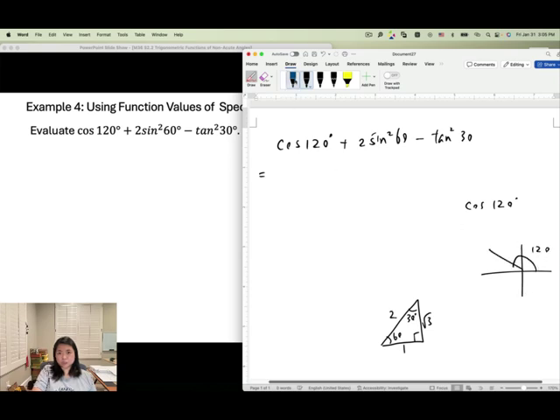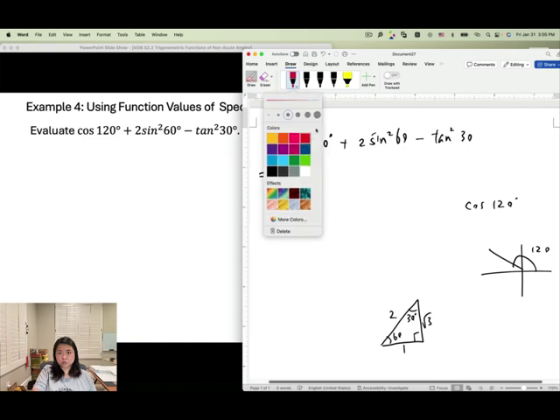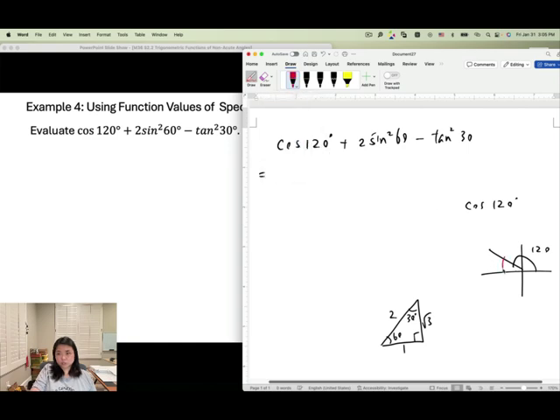So what is the reference angle? 180 minus 120, which is going to be 60°. And one more time, cosine in this quadrant is negative. So I'm going to get negative cosine 60°.